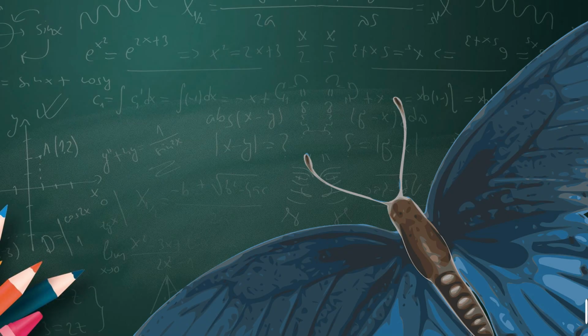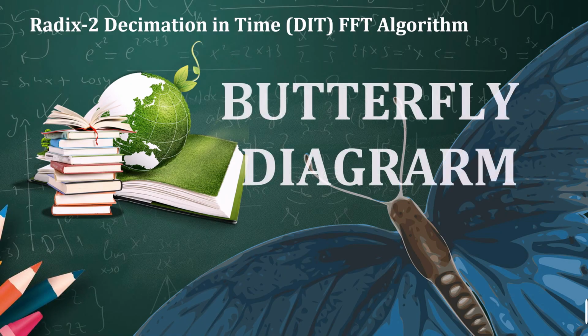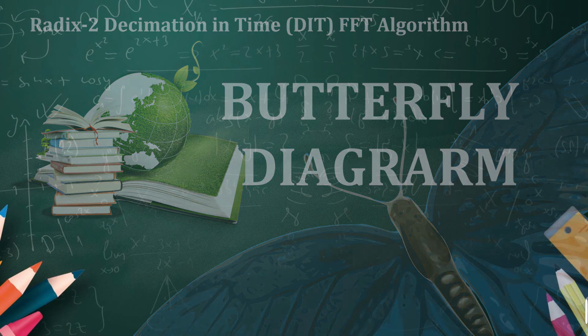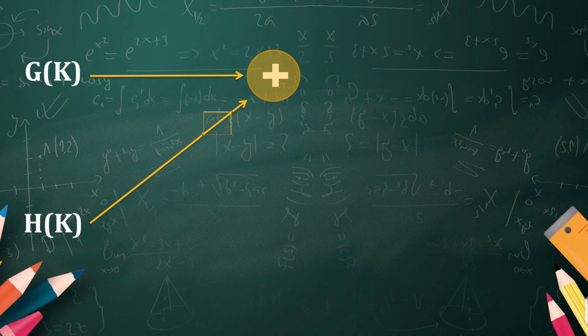Now we study the technique of Radix-2 decimation in time (DIT) FFT algorithm. Butterfly diagram. First we have G(k) and H(k). G(k) is directly added to H(k) multiplied by W_N^k, and the result is X(k).